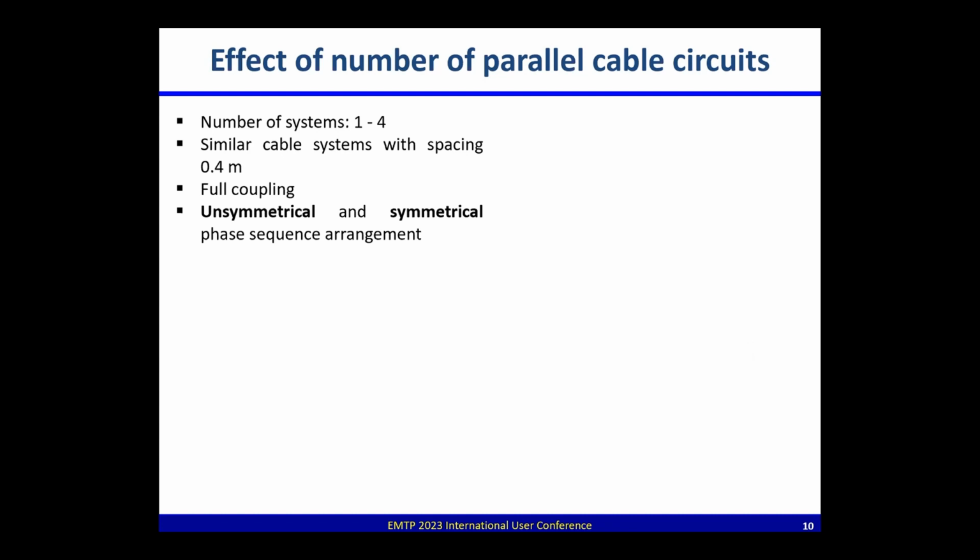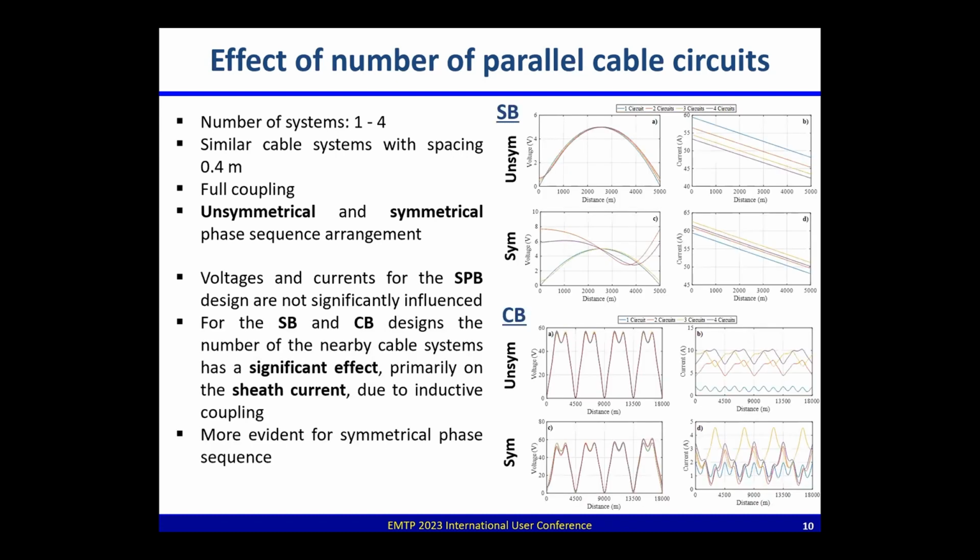This has to do with the phase sequence between the cable phases. So we have examined both cases, and the voltages and the currents for the single point design are not significantly influenced, so they will not be presented.